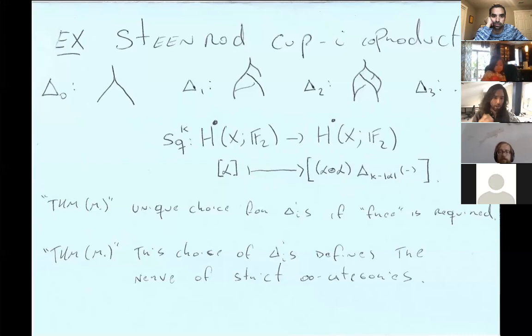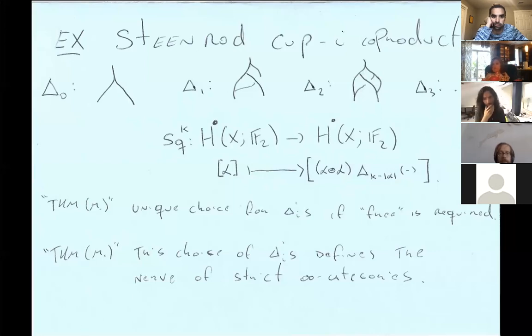And the other quote-unquote theorem that I would like to mention, again in passing, because this could take a different talk, is that this particular choice that Steenrod introduced early on and that is being reproduced every time is precisely the data that one would need to define the nerve of strict infinity categories.